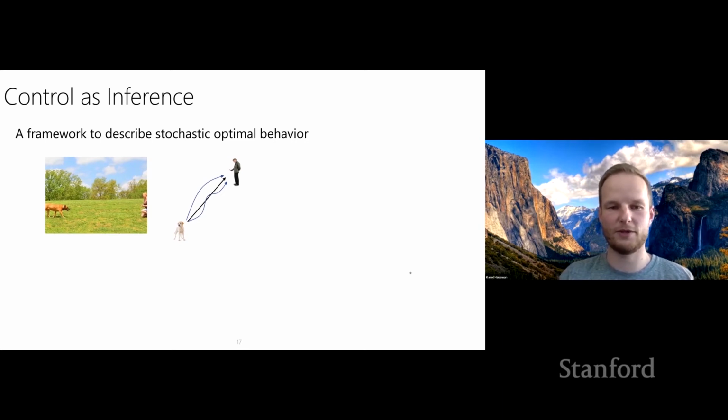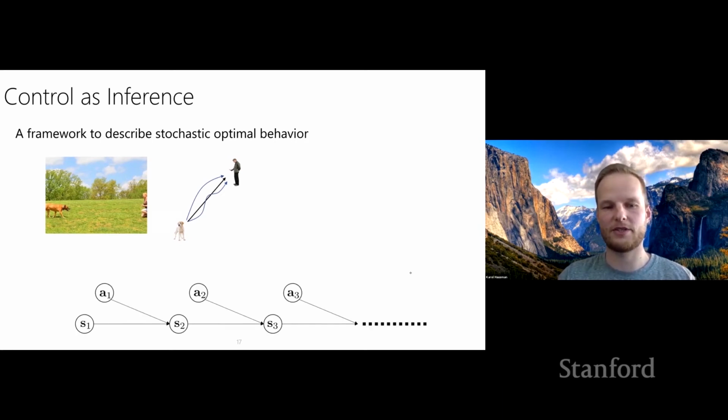The things we know are that there are some states and actions that the dog can do. So we can write a very simple probabilistic graphical model where we represent the dynamics of the world: there are some states, there are some actions, and the dog can take an action in a state, and that will lead to a different state. That represents all the behaviors that the dog could do.